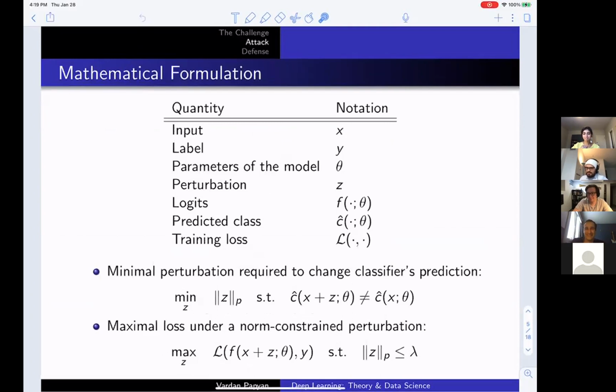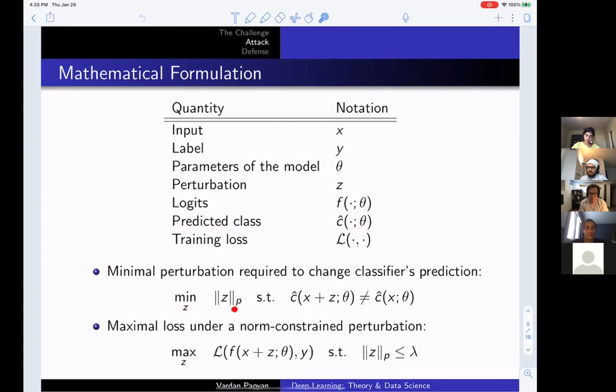So what is an adversarial example mathematically? Imagine you have an input X, and you're trying to create a perturbation Z, where C hat is the predicted class by the network. You're trying to find a perturbation Z that would minimize some LP norm.